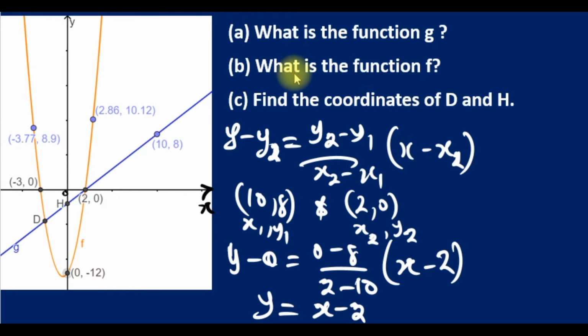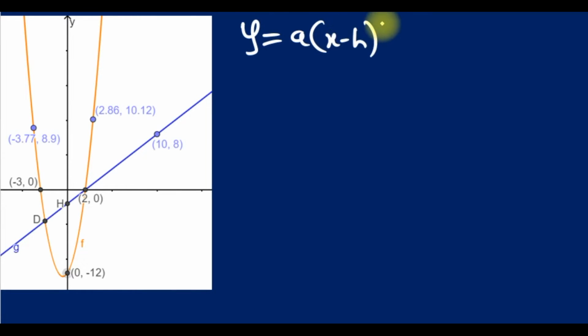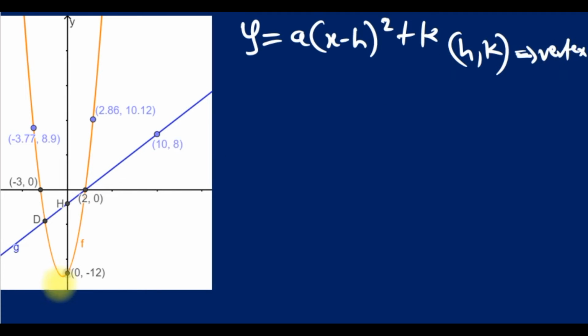For the second question, we're asked to find the equation of the curve, which is f. Anytime we're given a quadratic curve, the equation is either y equals a(x minus h) all squared plus k, where h and k are the coordinates of the vertex. But in this case, we are not given the vertex.